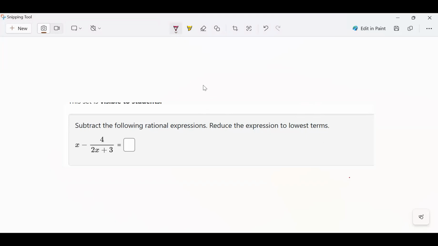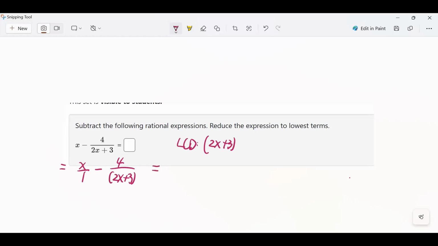All right, let's go over the solution for this question here. As I mentioned, we turn it into a fraction first. So it becomes x over 1 minus 3 over 2x plus 3. And again, LCD is 2x plus 3.